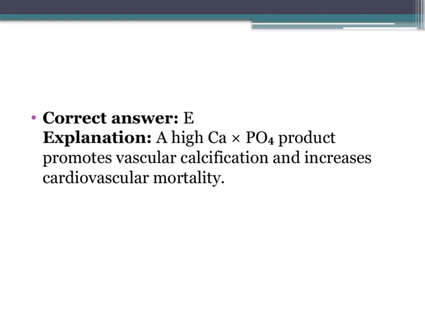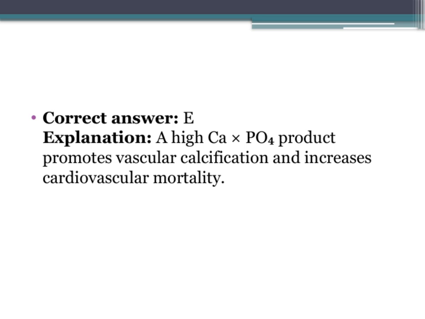Let's delve into why. A high calcium times phosphate product, or Ca times PO4, actually promotes vascular calcification. This process is quite significant because it can lead to stiffening of the blood vessels, which in turn increases the risk of cardiovascular problems. Essentially, when this product is elevated, it's associated with a higher mortality rate related to heart disease.